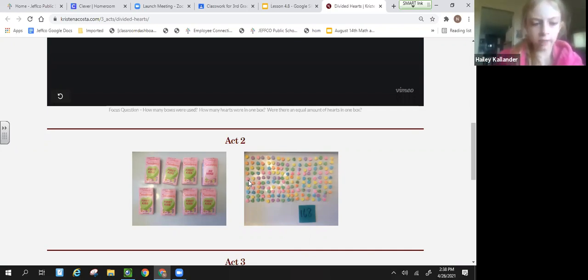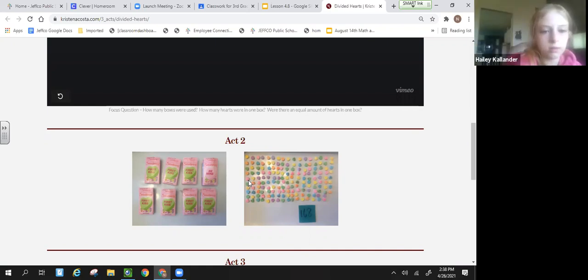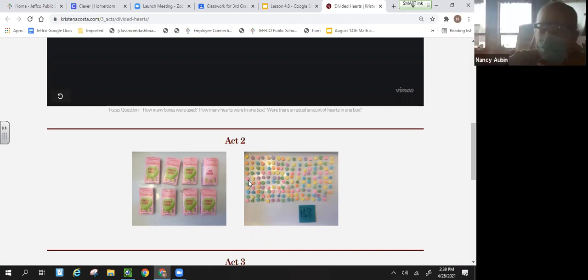Because there's supposed to be some in each box, so 168 it's split by 8 equals 21. But how would you know that? By dividing. Dividing what? Show me how you figured that out.